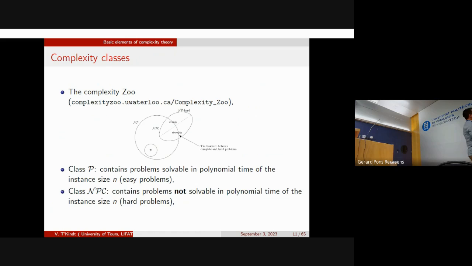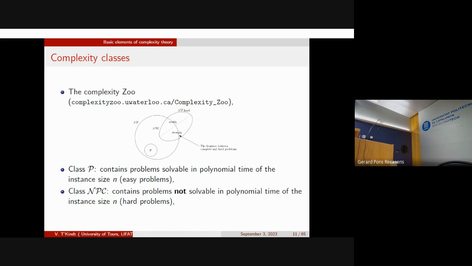And then you have the good problems, you have the bad problems. And these are 80% of the problems you'll be faced with. They are in NPC, so they are complete in class NP, meaning that all problems in class NPC are as hard as all the problems in class NP.